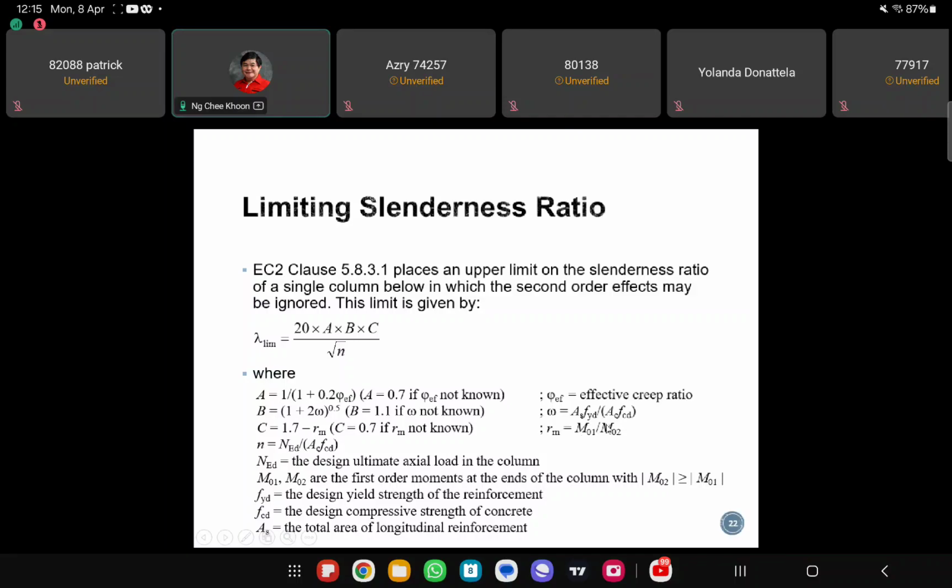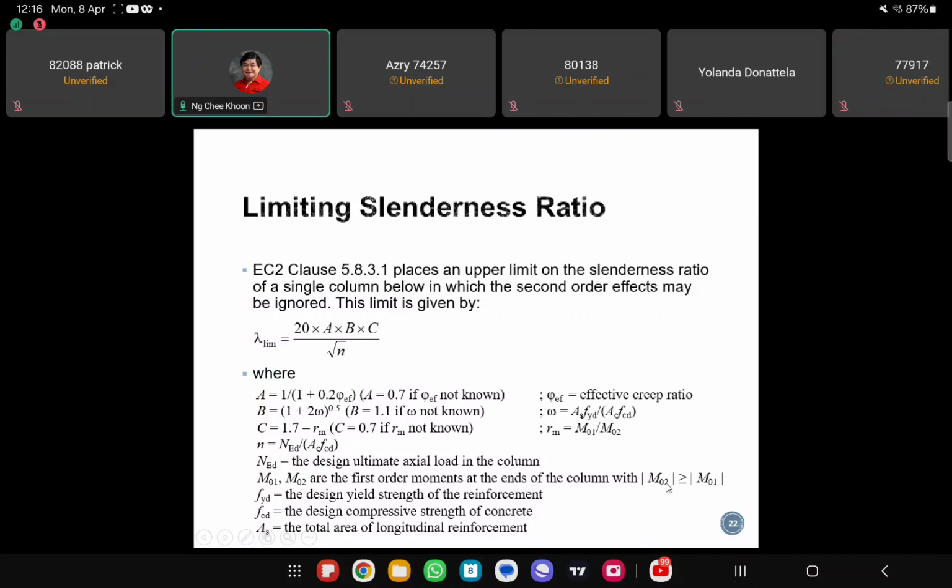So if you don't know what the column moment is, then you can put C as 0.7 also, if the ratio of the larger moment in the column over the smaller moment in the column is not known, right? Oh, sorry, the other way around.